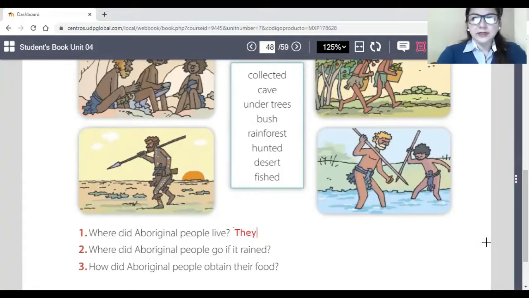They lived in caves, under the trees, in the bush and in the desert.